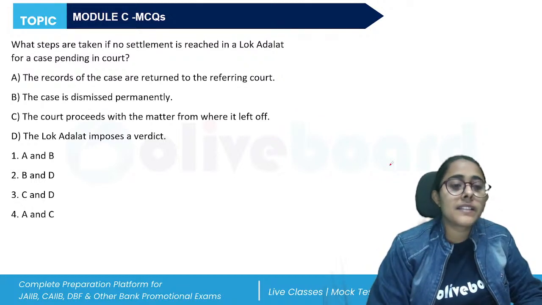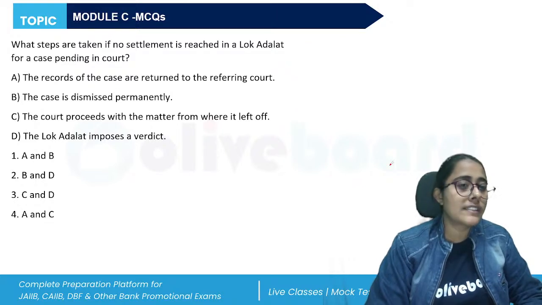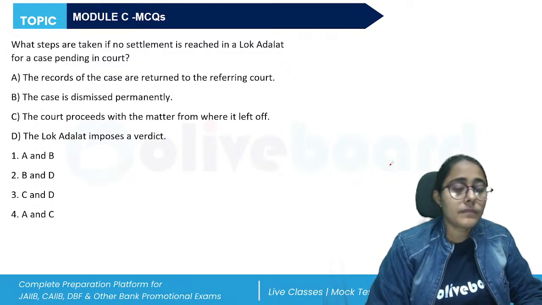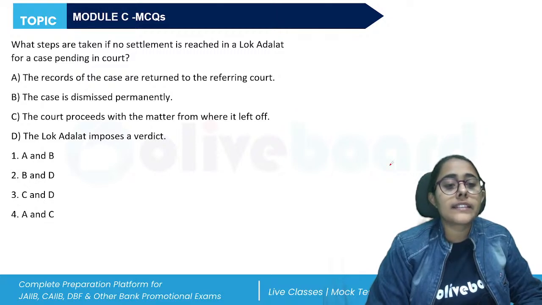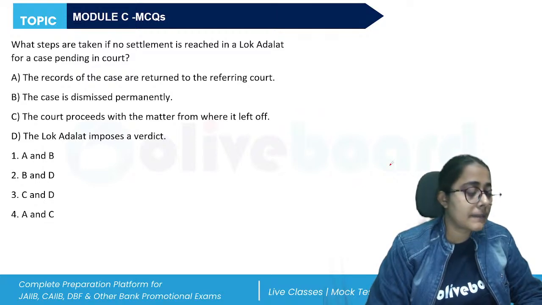Next, what steps are taken if no settlement is reached in the Lok Adalat? If a court case is pending in the court and no decision can be taken in the Lok Adalat, then what step can be taken? The records of the case are returned to the referring court. The case is dismissed permanently. The court proceeds with the matter from where it left off, or the Lok Adalat imposes a verdict.